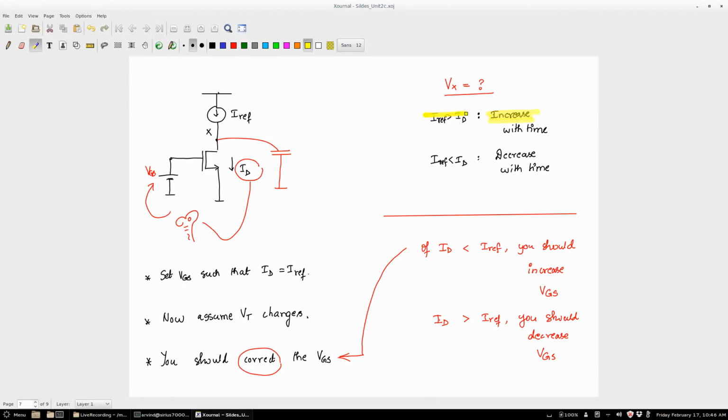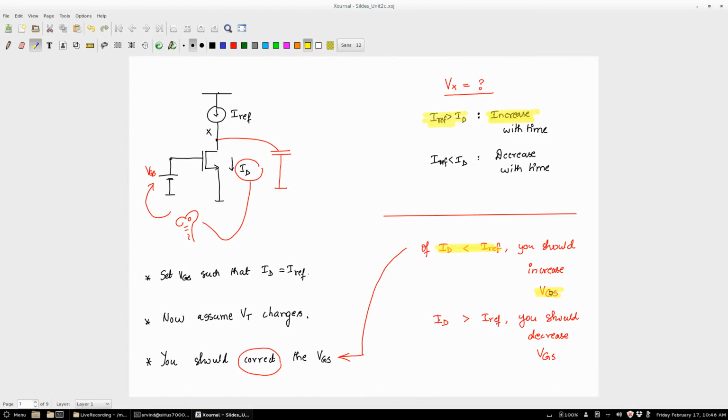Correct? So now, looking at what I have written on top and looking at the bottom, can you tell me something? You can use Vx to correct VGS. Exactly. Why is that? Because the change is proportional to that. So look at this: Vx increases if Iref is greater than ID.